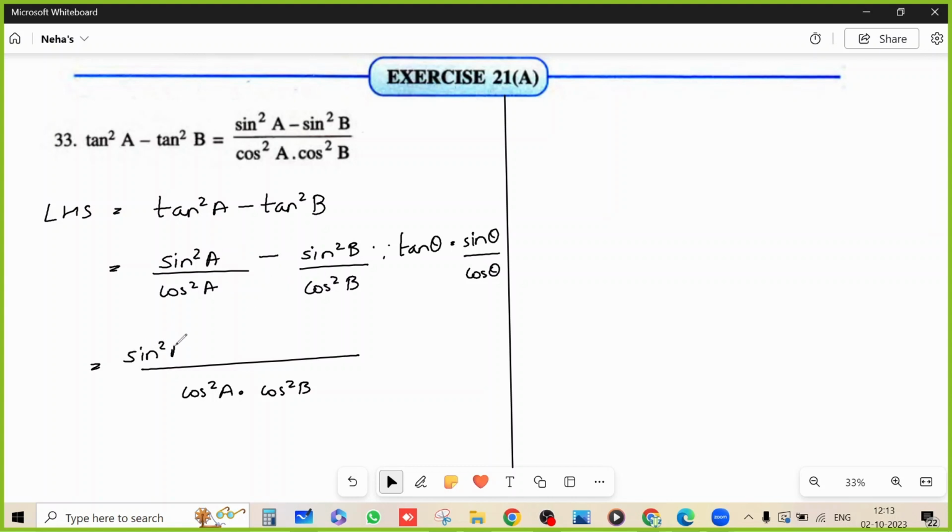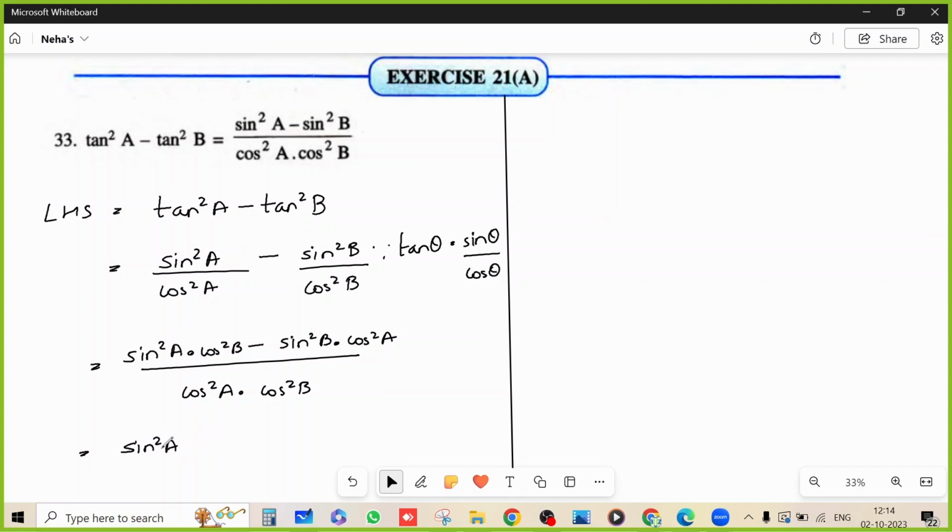So this will be equal to sin square A into cos square B minus sin square B into cos square A. Cos square B and cos square A can be changed in the form of sin.